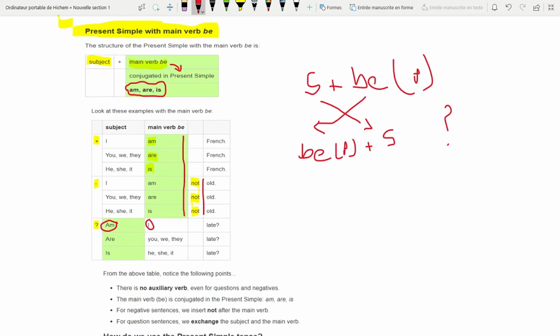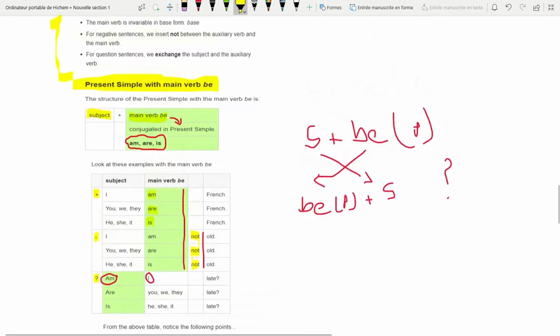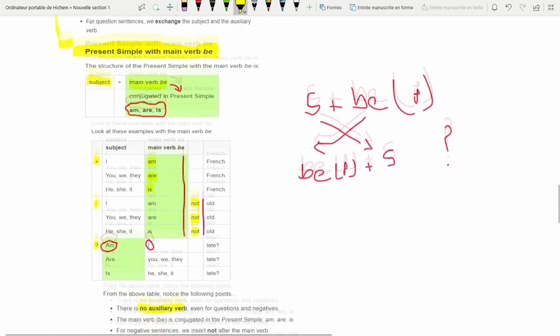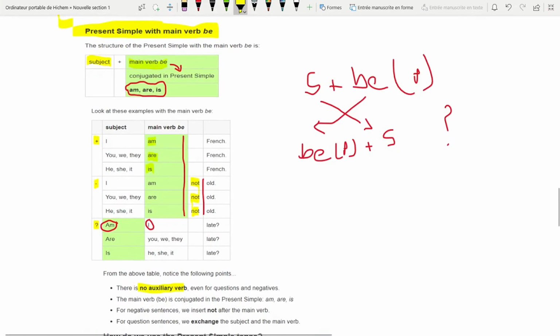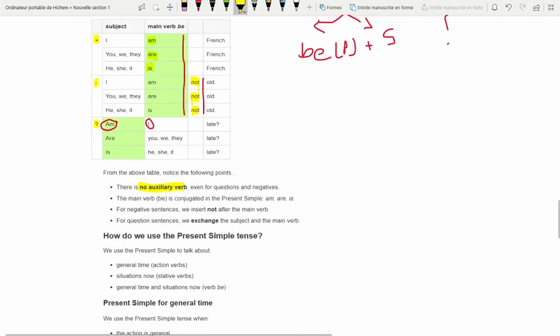This is the rule. We're going to try to read some points concerning what we explained. There is no auxiliary verb. This is very important. This is what I said. There is no auxiliary verb, even for questions and negatives. You see? At first, we added auxiliaries because we are speaking about a normal verb. But when the main verb is be, it's quite different. We do not need auxiliary verbs. So this is both for questions and negatives.